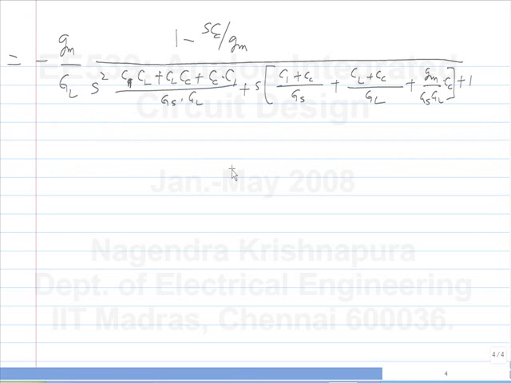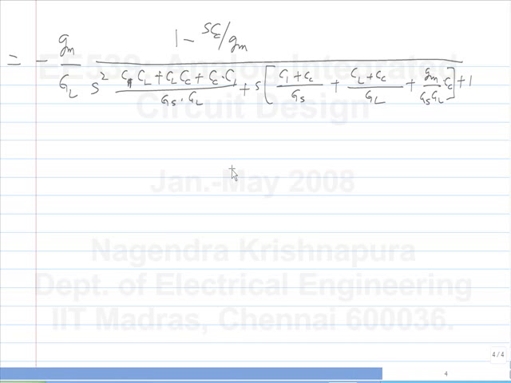This is the transfer function. Okay. So, where are the poles and zeros? Where are the poles and zeros?